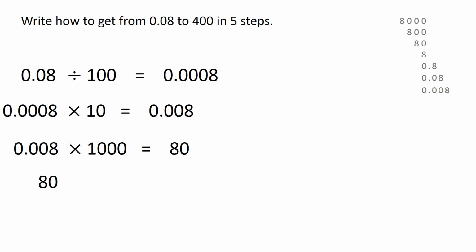We could then divide by 2 to make the 40. So the 40 is now looking a bit more familiar in terms of working towards the 400 target. 40 times 10 would be the 400. So there's my 5 steps.